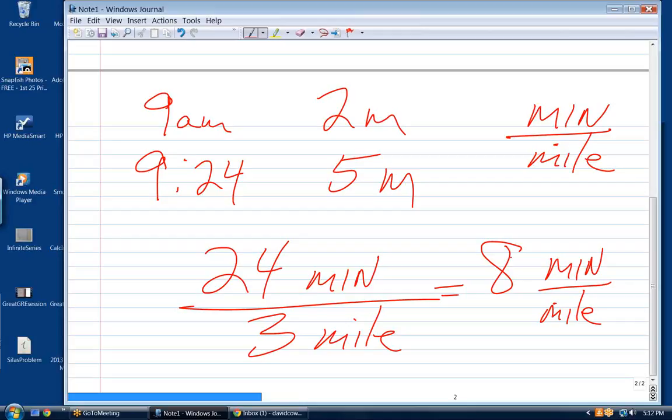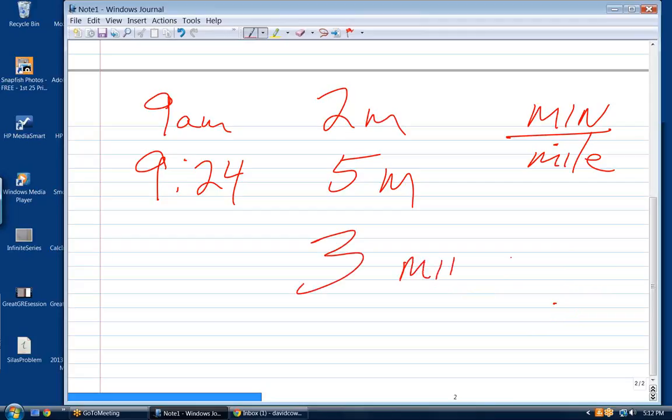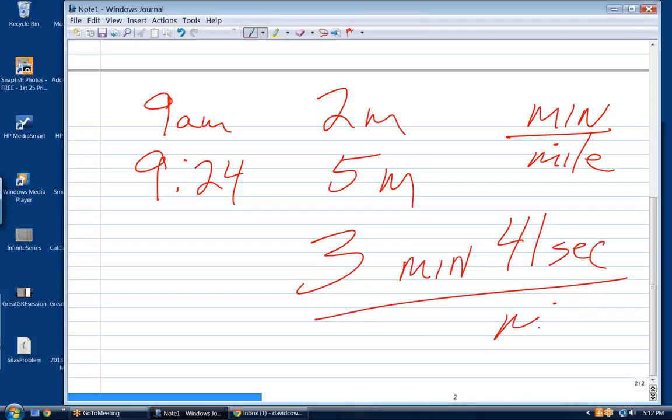Obviously, the world record for the mile, do you have any idea what that is? No. I think it's 3 minutes and about 41 seconds per mile. That's the world record.